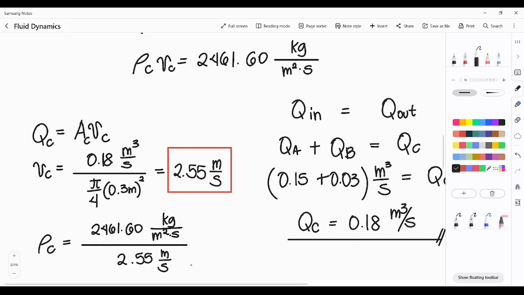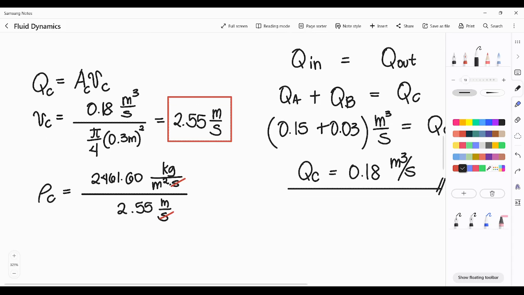As you can see, the units ay nagtutugma. Cancel out yung seconds. Tapos, itong meters na to, mamumultiply dun sa isang meter, resulting 2 cubic meters. So, tama yung units. Kilogram per cubic meter.